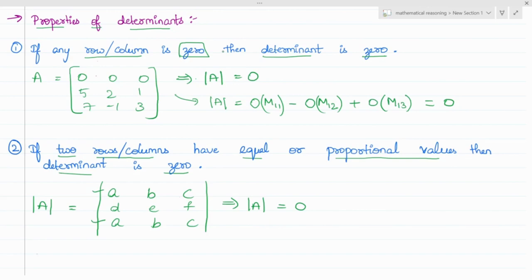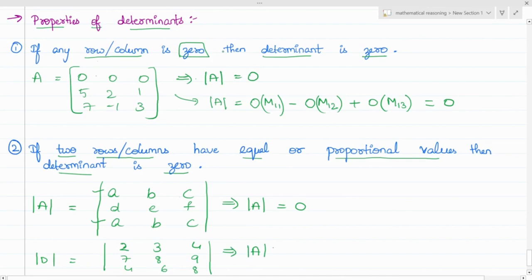Or suppose the determinant is something like 2, 3, 4, 7, 8, 9, 4, 6, 8. Then this determinant value is also 0. Why and how? When you take common from this, from where can you take common? From the third row.